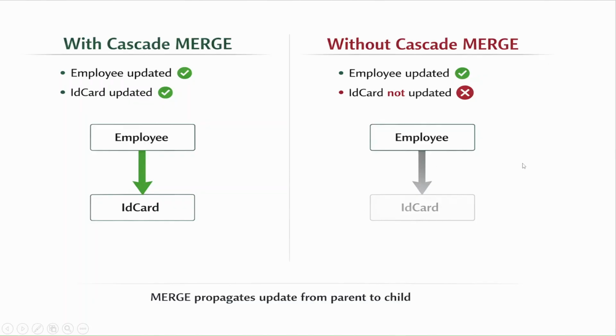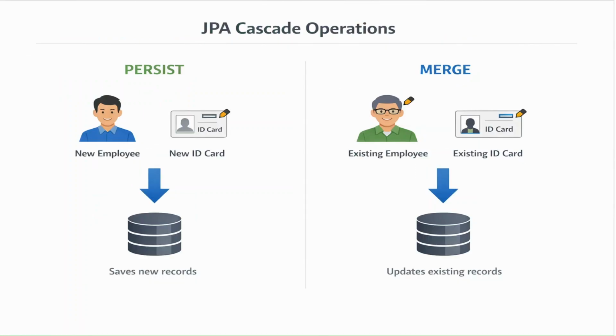Let me move to the next slide, and let me give you a bonus point, or I would say a bonus explanation, that explains the difference between persist and merge, so you do not get confused between them.